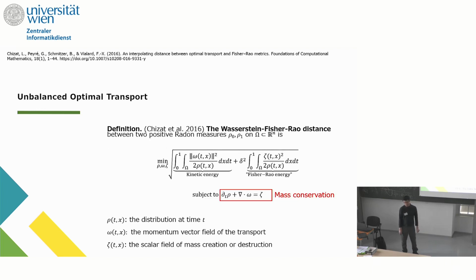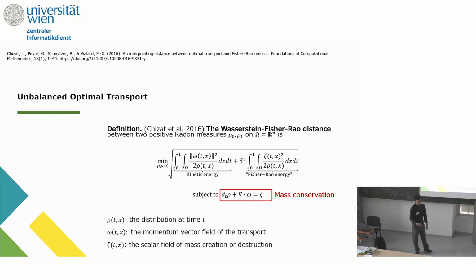Okay, now here is the mathematical formulation of the Wasserstein-Fisher-Rao. The Wasserstein-Fisher-Rao distance measures the distance between two positive Radon measures. And we will find this by solving this optimization problem. Before going into the optimization problem, let's see the notation. So here, rho t x is the distribution at time t.